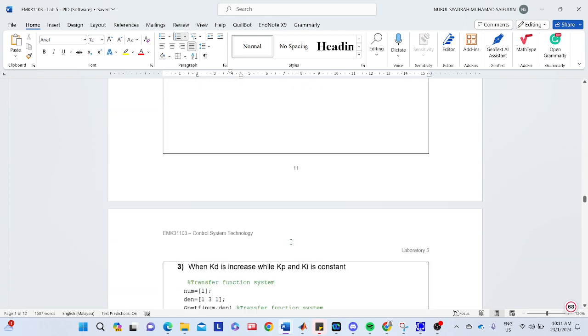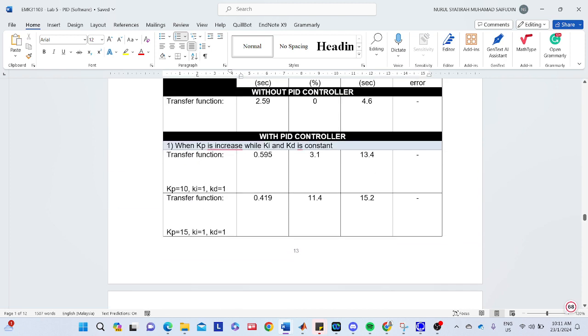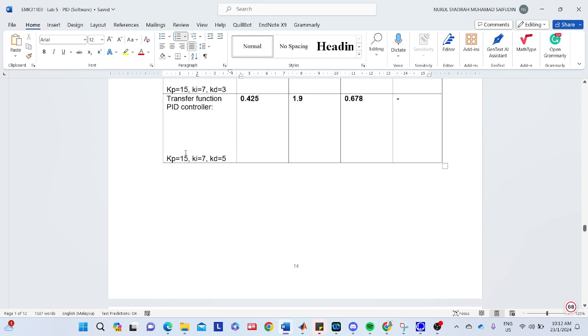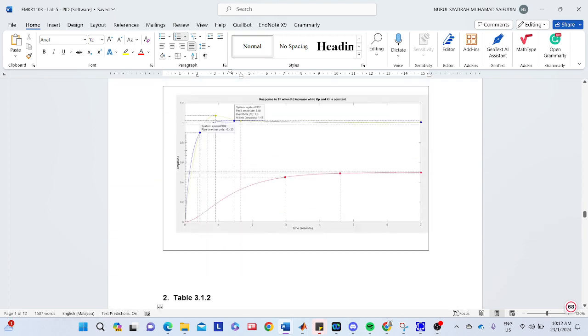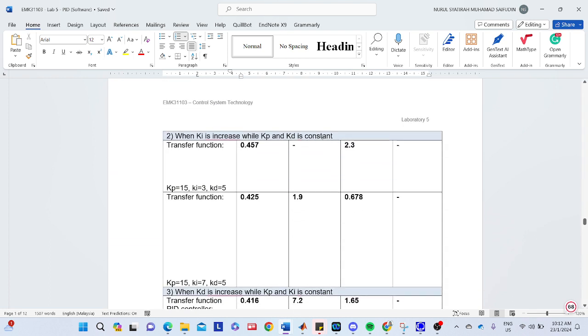For this second procedure, there are three conditions that we need to look at. First, when Kp is increased while Ki and Kd are constant. Second, Ki is increased while Kp and Kd are constant.